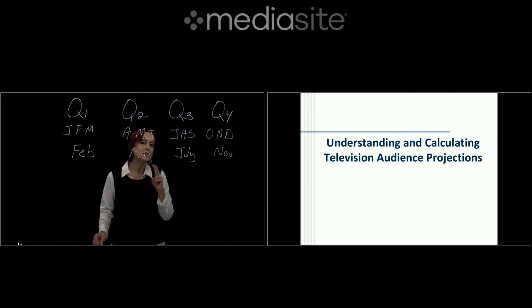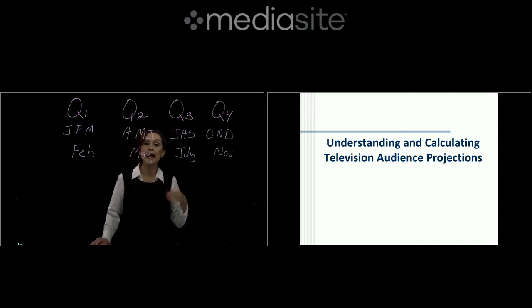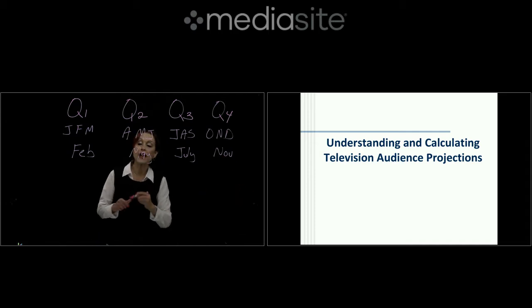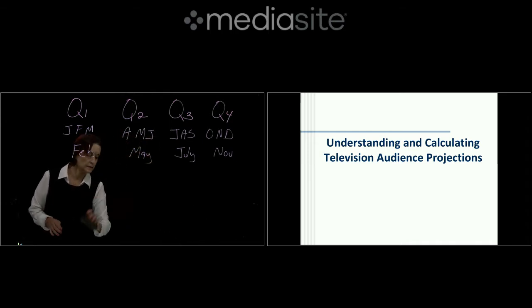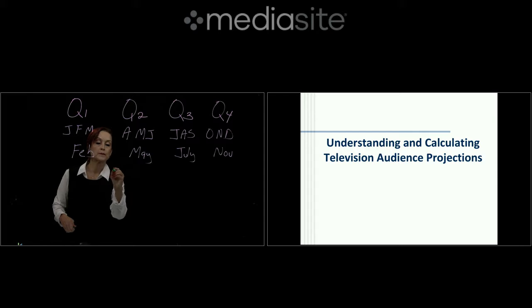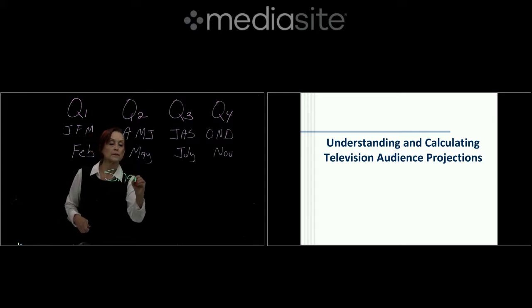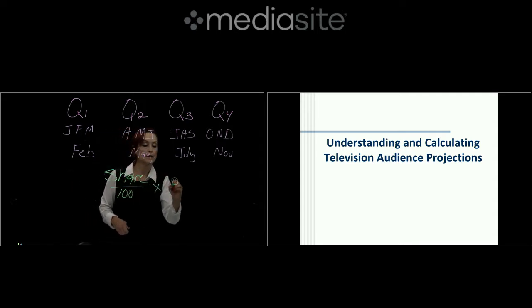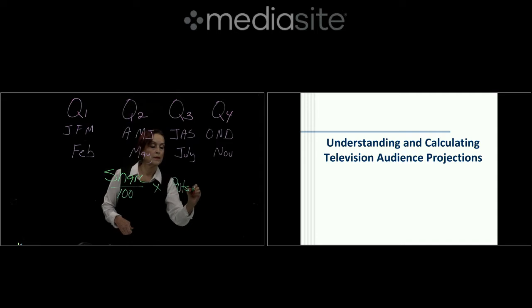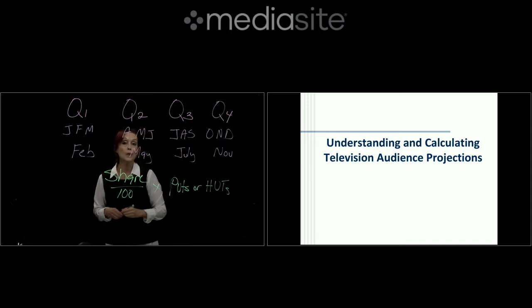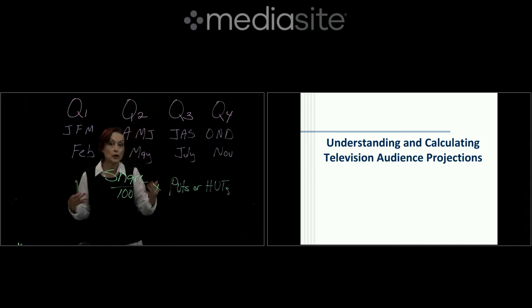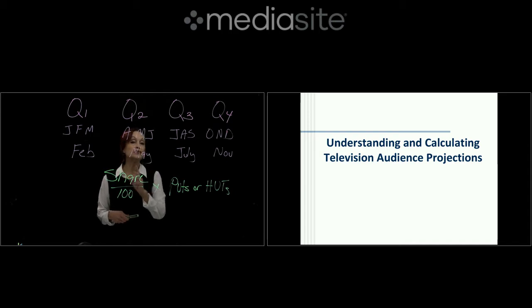There are two measurements that we look at in order to understand how to project a rating. And that is share, and HUT or PUT levels.